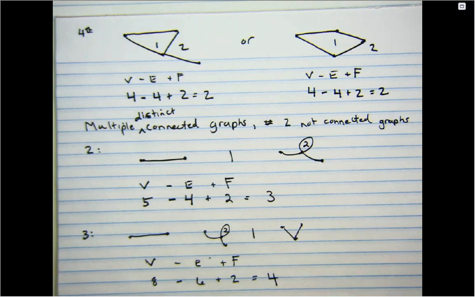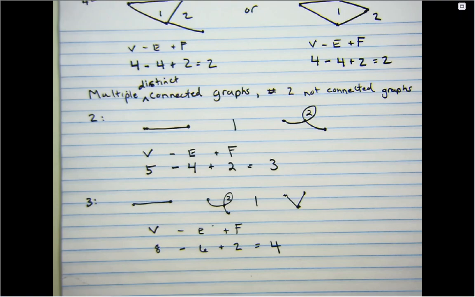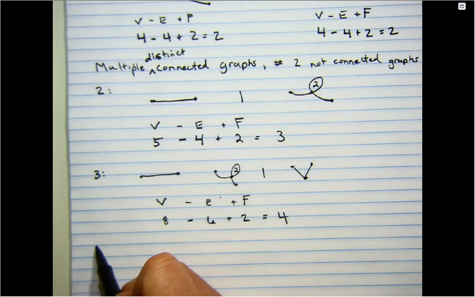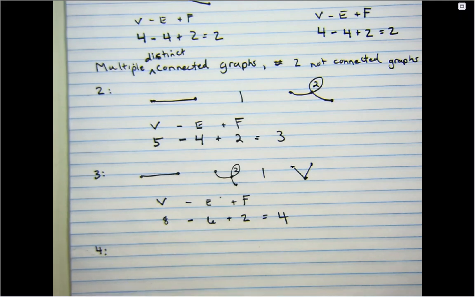Anybody else get 4? They should have gotten 4. So the one face, there's one face outside all three, and then I made a loop so I had two faces altogether. If you didn't get 4, that might be where you erred. Okay, go ahead and do 4, and we'll keep doing this until someone can come up with a pattern.